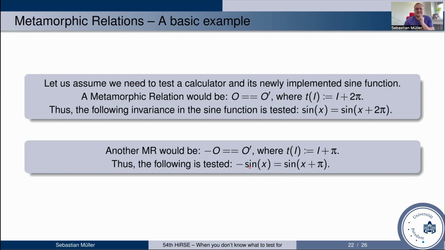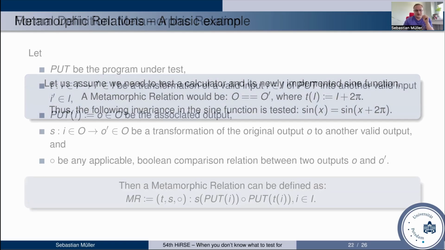So what we're testing is the equality between sine of x plus π and the original value sine of x, but we're negating that.